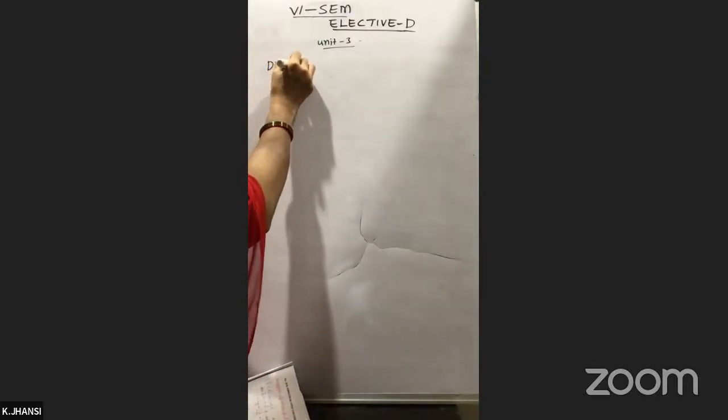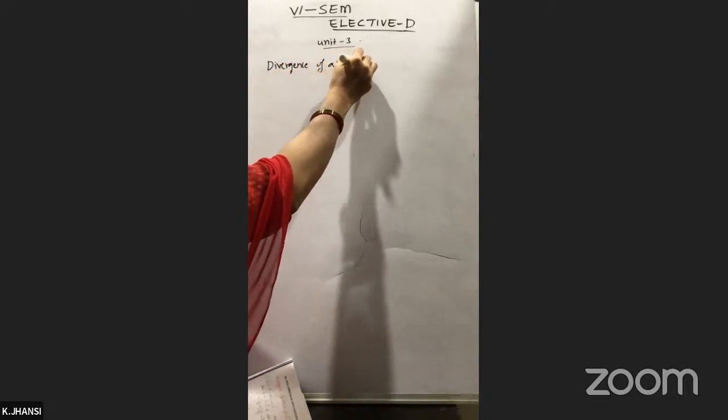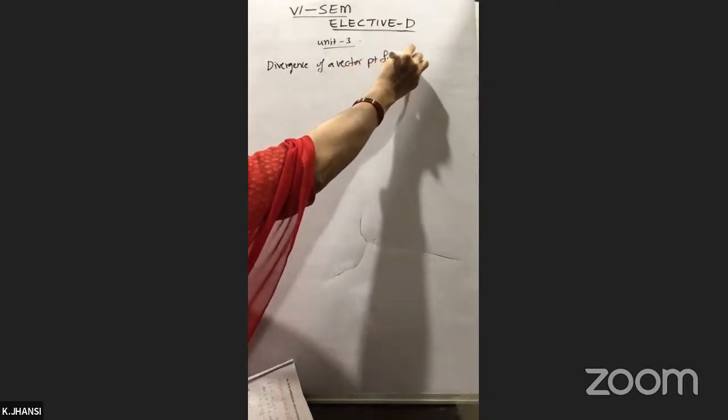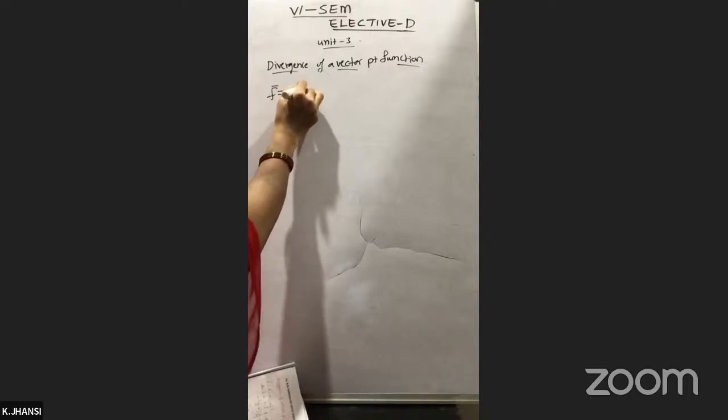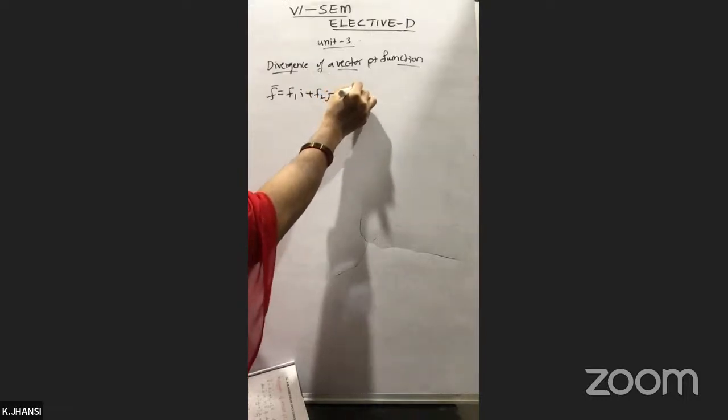So next, divergence of a vector point function. So f is defined as f1i plus f2j plus f3k. Okay.